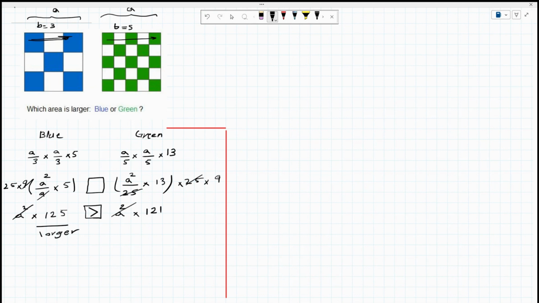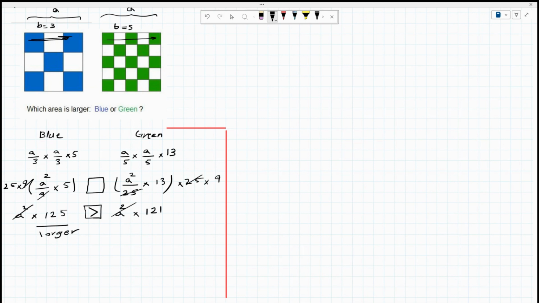We solved this question for b equal to 3 and 5 here, but we want to find the general rule. If b is, let's say, 900 and the other one is 1000, how can we solve that question?